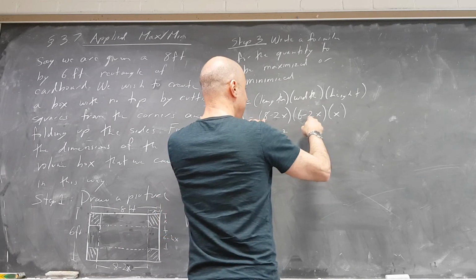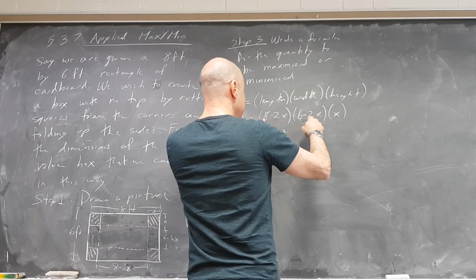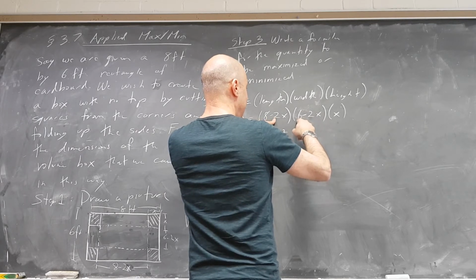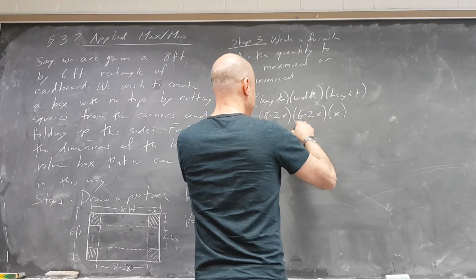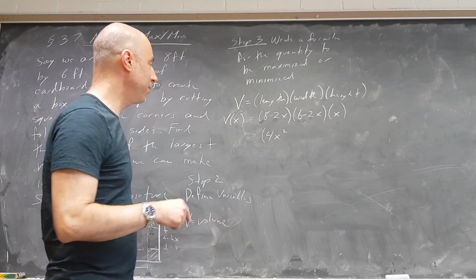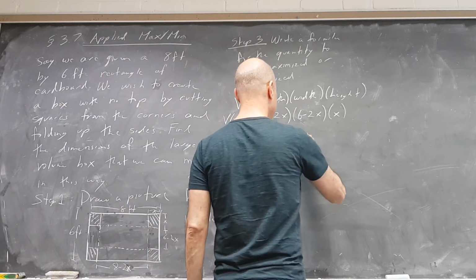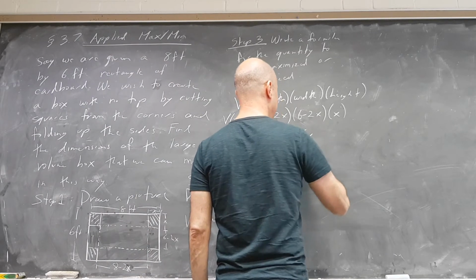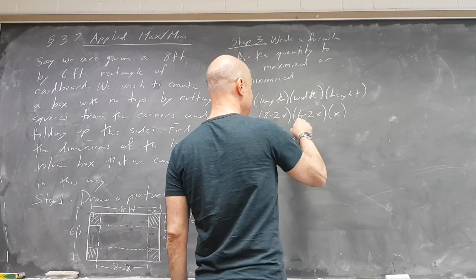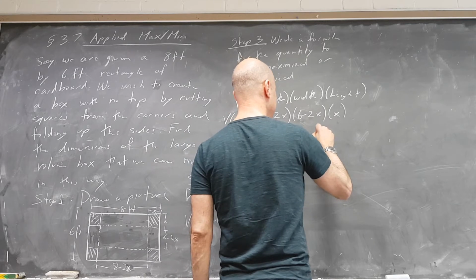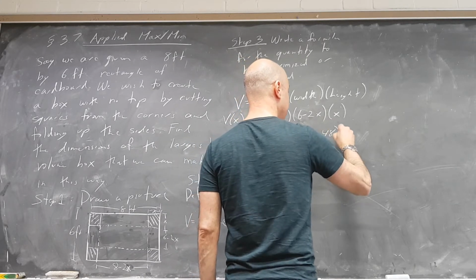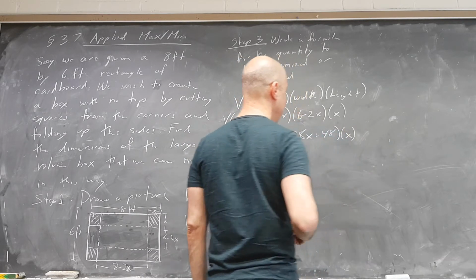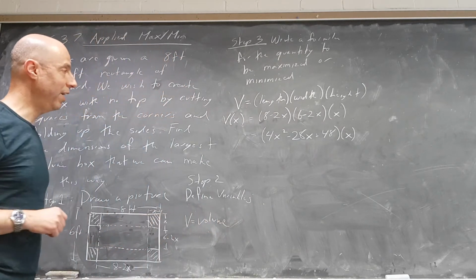Minus 2x times 8 is minus 16x. Minus 2x times 6 is minus 12x. Minus 16 minus 12, I guess that's minus 28x. And then the 8 times 6 is positive 48. The x is still there.